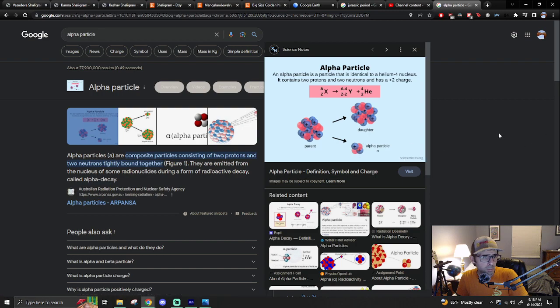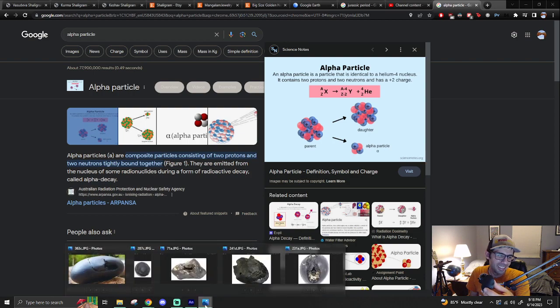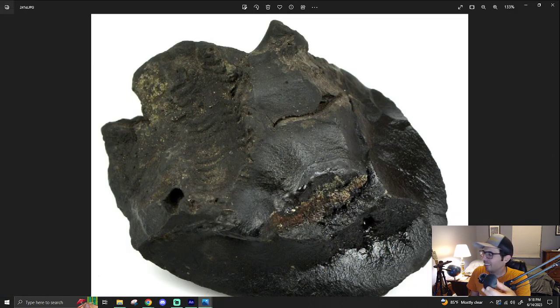Yeah. So I'm wondering, is this an alpha particle? Could it be an alpha particle?